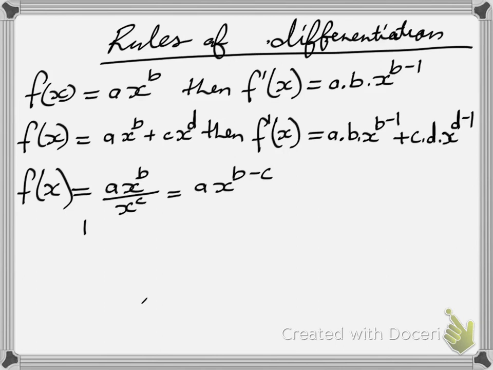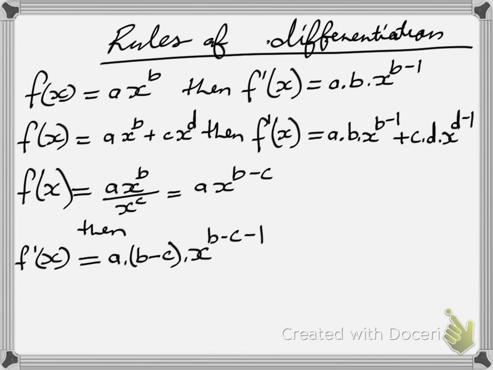Now we can differentiate. It's the same procedure. The derivative is going to be a multiplied by the exponent, which is b minus c, and then multiplied by x, where we reduce the exponent by 1, which is b minus c minus 1.